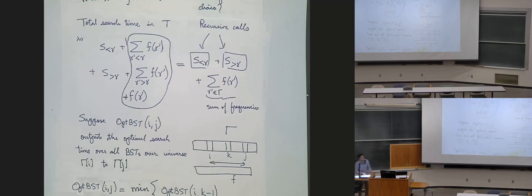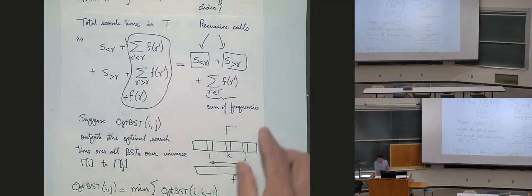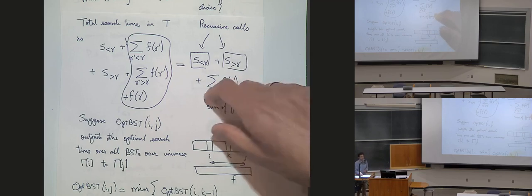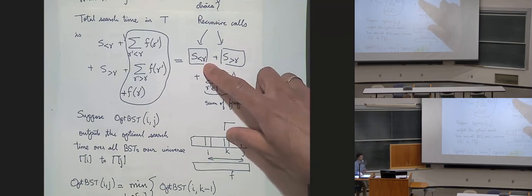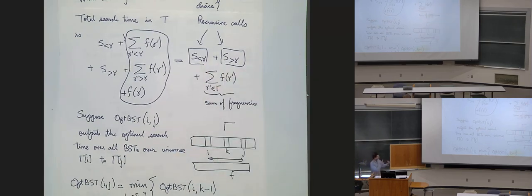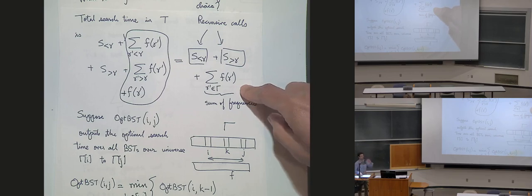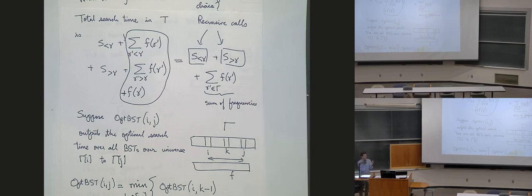That was the whole argument we did with the tree and adding the 1, but that argument is only needed to get there. Once you have the formula, if by recursion you find the best search cost in the left and the right, you just add those together and add the frequencies of all the elements in that universe.